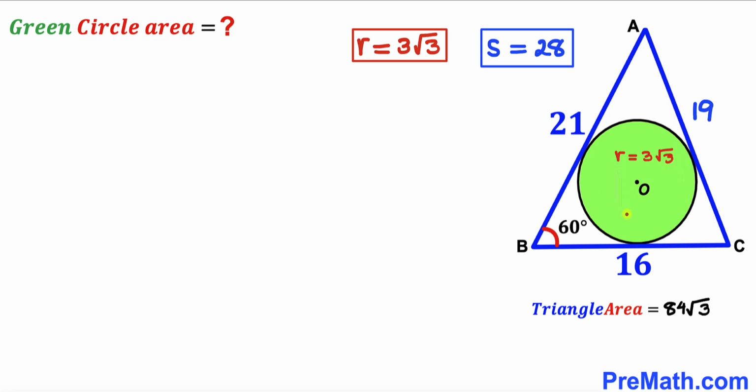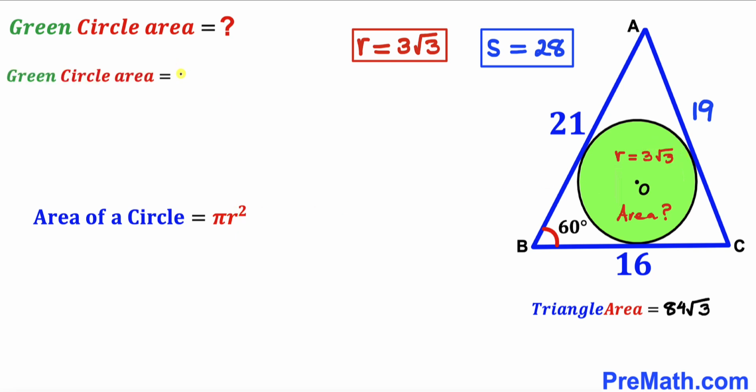Now we are going to calculate the area of this green circle. Let's recall the area of a circle formula: area equals pi times r square, where radius r in our case is 3 times square root of 3. So our green circle area turns out to be pi times 3 times square root of 3 whole square.